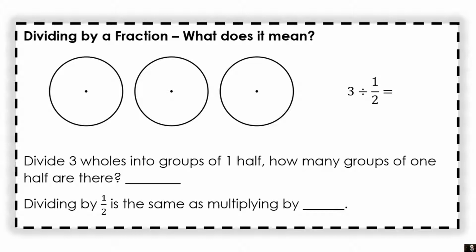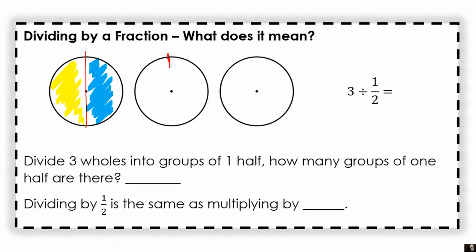So I'm going to take this circle and I'm going to split it into halves. All right, so I'm going to color them all different colors. The first circle, I'll color half in yellow, the other half blue. So I've got half and half.